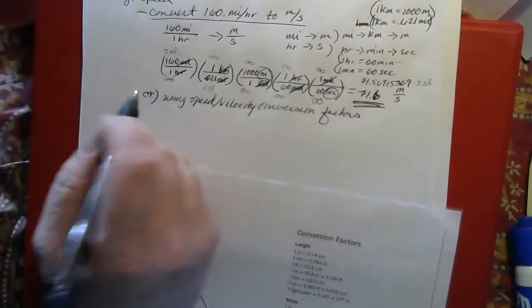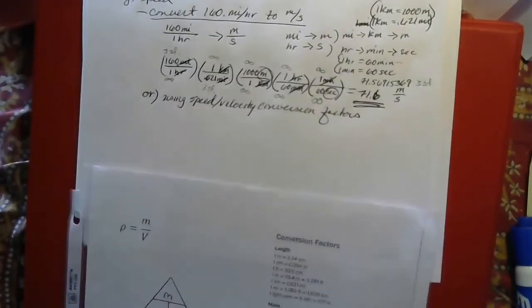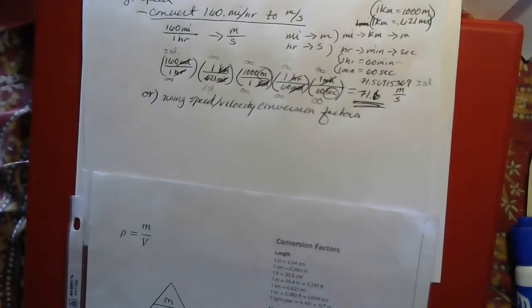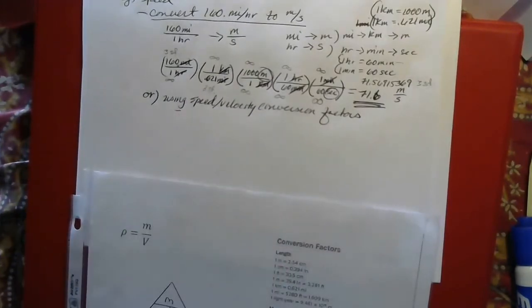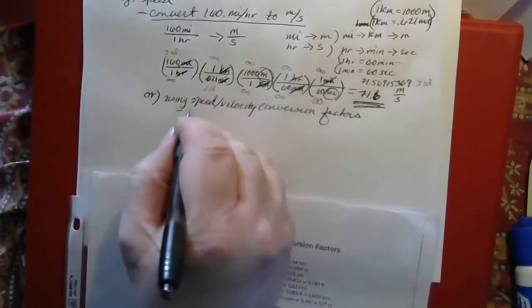But as I said, there is a second way that you can do a conversion like that, and that is using the speed or velocity conversion factors on the conversion factor sheet. This basically ends up treating the compound unit as if it were one single unit.